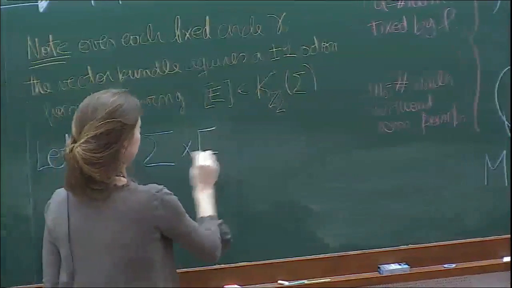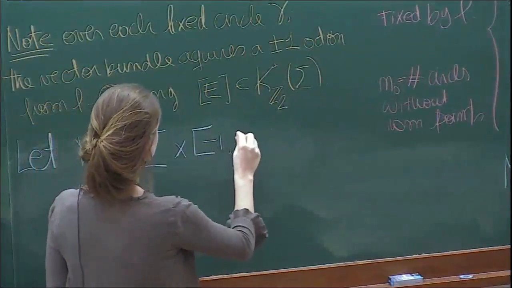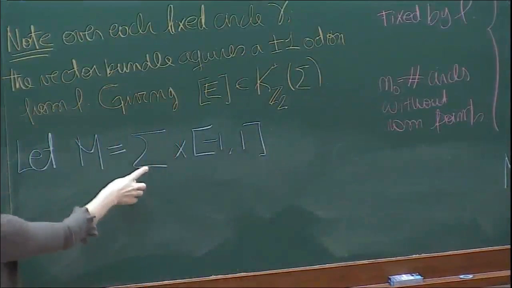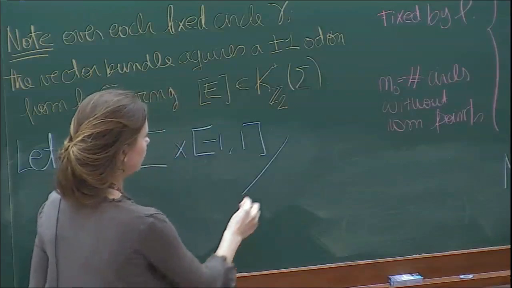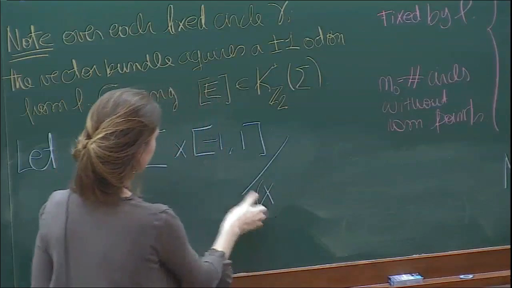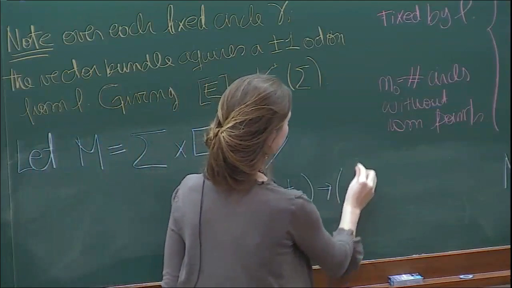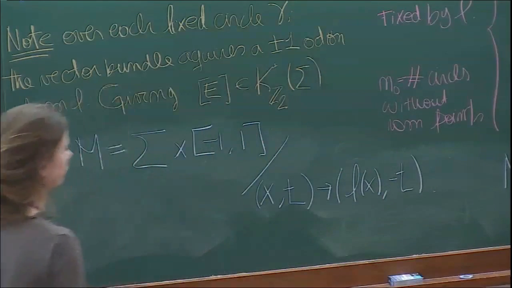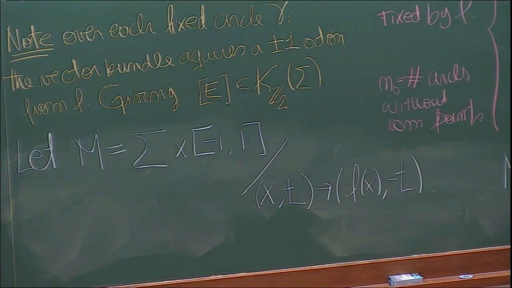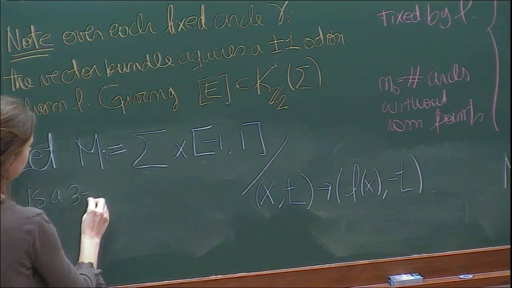Let M be the product of, so it's called the I-bundle, I think, the Riemann surface times the interval, and now we're going to quotient by an involution that sends a point in the Riemann surface and a point in the interval to the involution on the Riemann surface and minus the point in the interval. This is a three manifold, this is a definition.